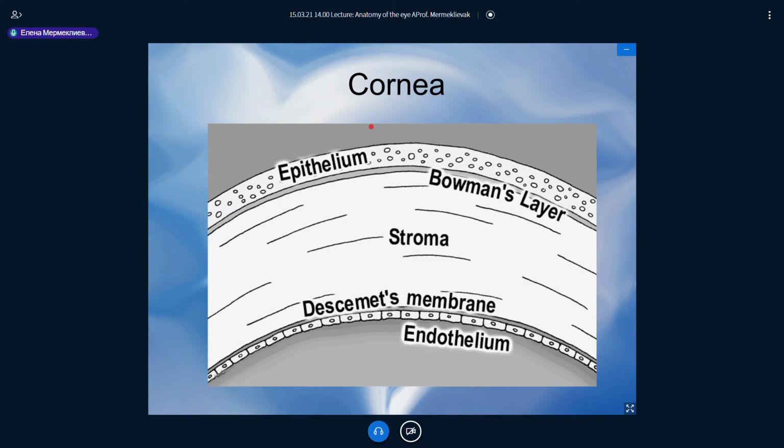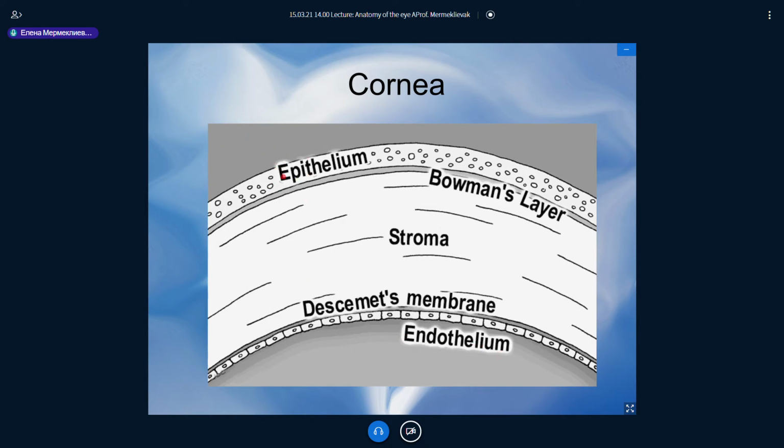Cornea. It is transparent, without vessels, and with a lot of neurons that do not have myelination. It consists of 5 layers: the epithelium, the Bowman layer, the stroma, the Descemet membrane, and endothelium.